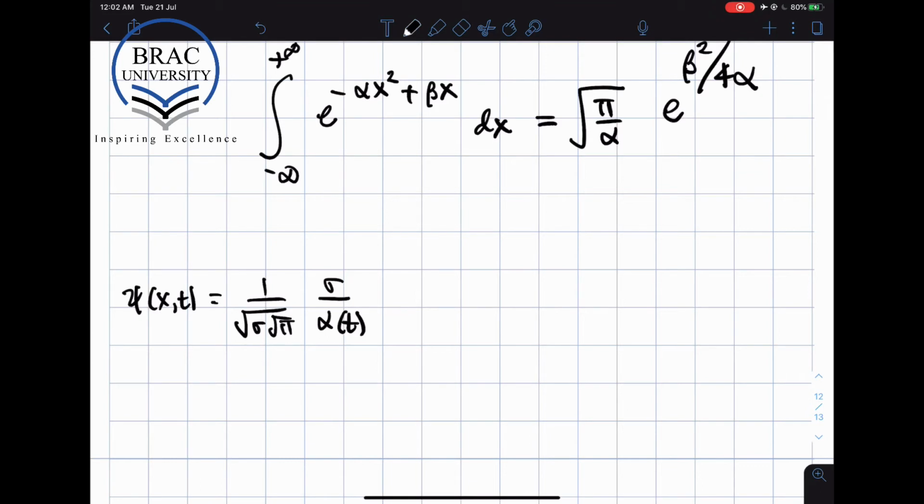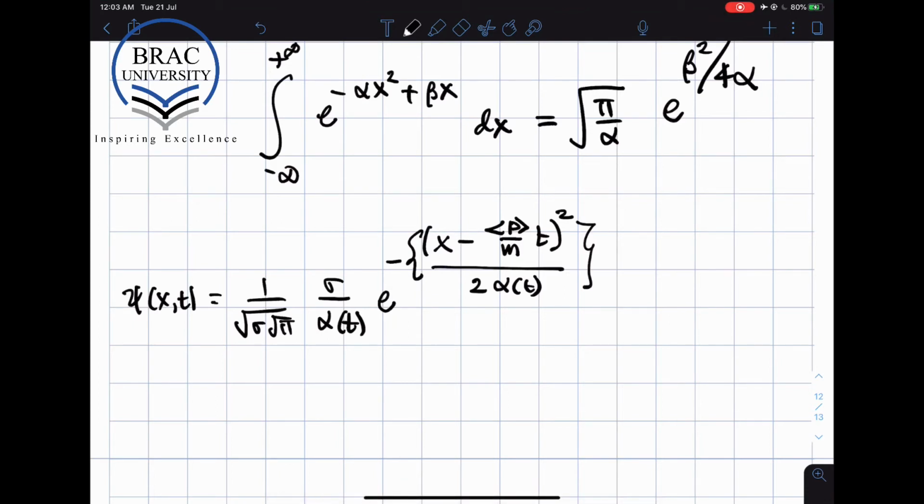And then we have e to the power, we have a Gaussian factor, a complicated looking Gaussian factor. We have an x dependence minus expectation value of p over m times t, and this whole thing is squared and then divided by 2 alpha of t, where this is the same alpha as here.